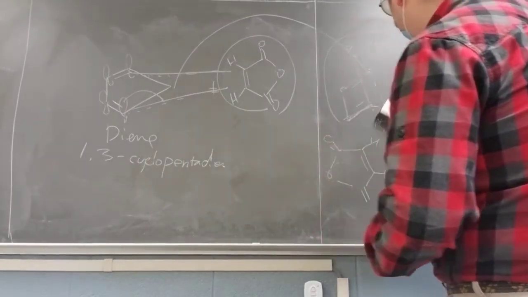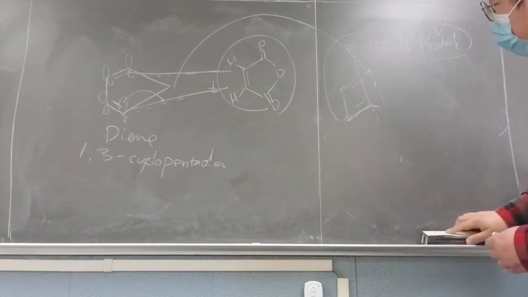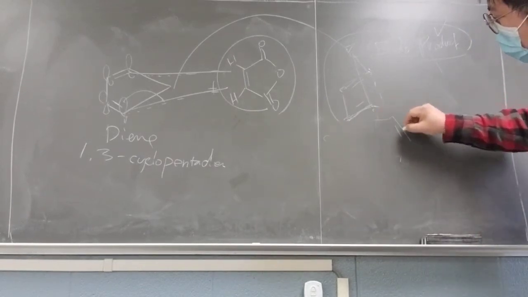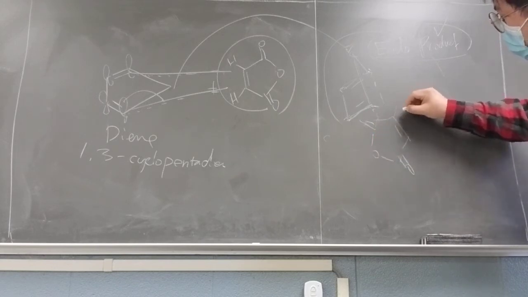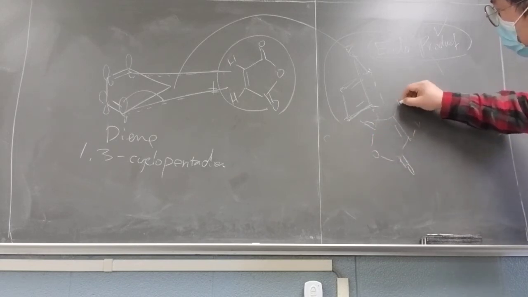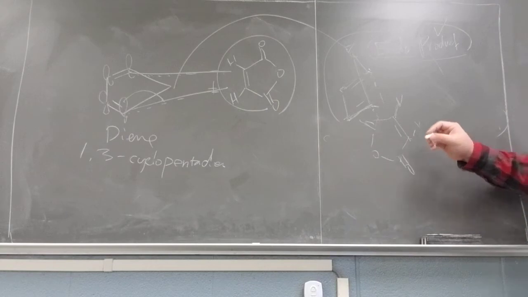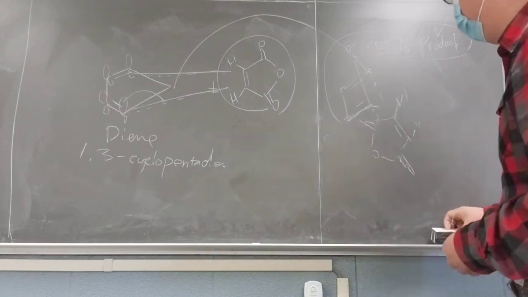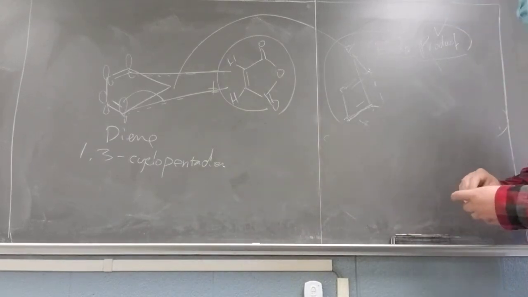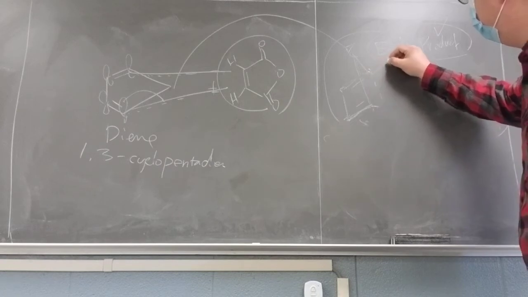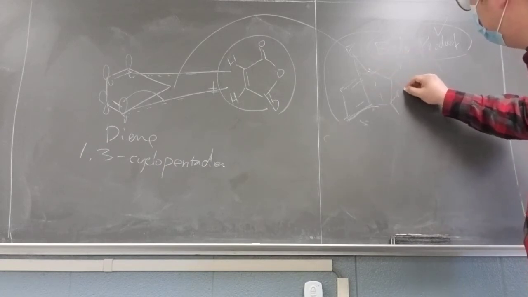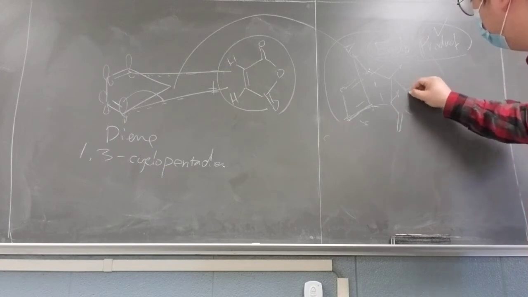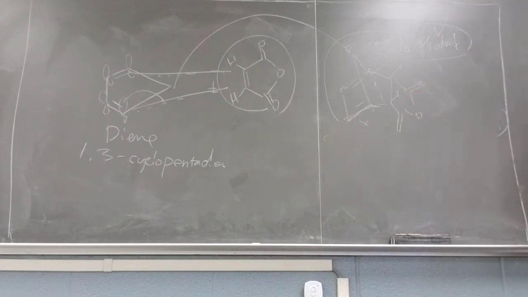But if they bonded in opposite directions, the hydrogen will be in the up position. So that is why when they bond to each other in endo, it gives this, and they're heading the down way.